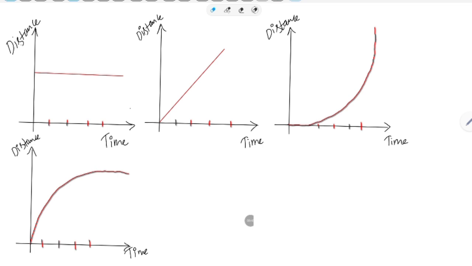Now, if you observe the first graph, let's see one by one what is the information that each and every graph is giving us. Okay, so if you see the first graph, here the graph is a straight line which is parallel to the horizontal axis or time axis. So what is the information that it gives us?